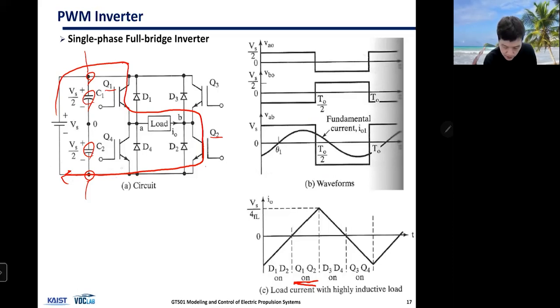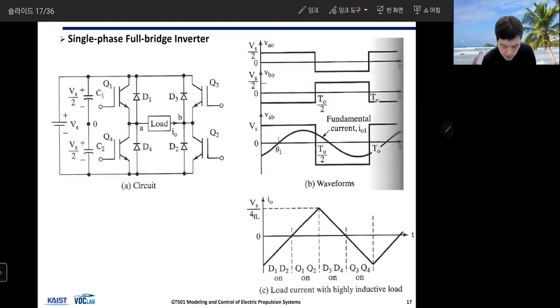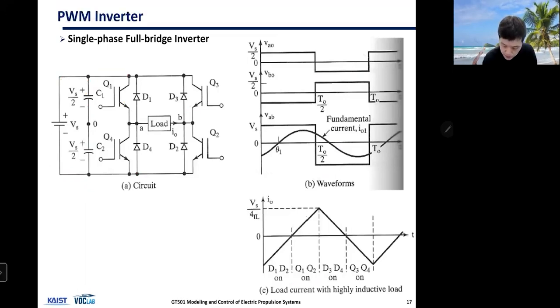Okay, so the current was flowing this direction. So now during this, let's say this is 1, 2, 3, and 4.